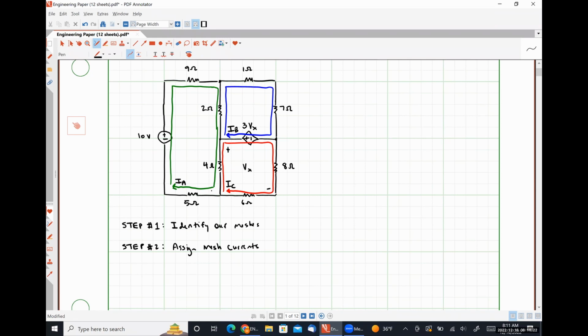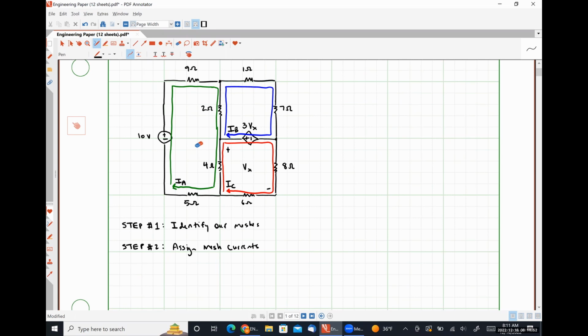I'll probably do it for the rest of the day, but later on you might see me do something like this, as my mesh current IA is effectively what this designates: I assume that my mesh current IA is flowing in a clockwise direction around whatever mesh I put that little loop thing in the middle of, okay? It's the same notation. Just wanted to make you aware of it.